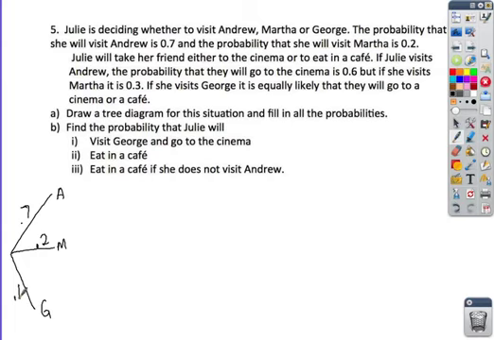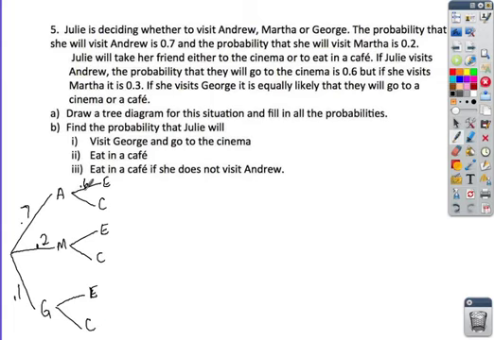All right. And now, if she visits Andrew, they may go eat or they may go to the cinema. If she visits Martha, they may go eat or they may go to the cinema. And if she visits George, they may go eat or they might go to the cinema. For Andrew, the probability of going to the cinema is 0.6.